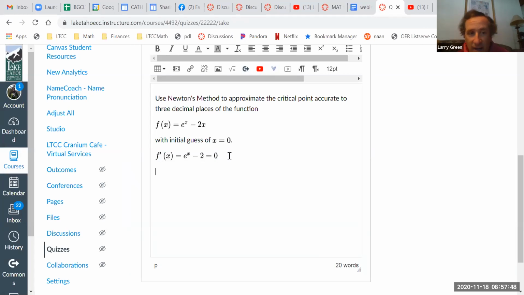Okay, so now we can use the big formula that I did 2 days ago, and it's in the book and everywhere else. And that says if you have something equal to 0, you take your prior guess, subtract the function evaluated at the prior guess, and divide by the derivative of the function evaluated at the prior guess. So in particular, let's copy and paste this.